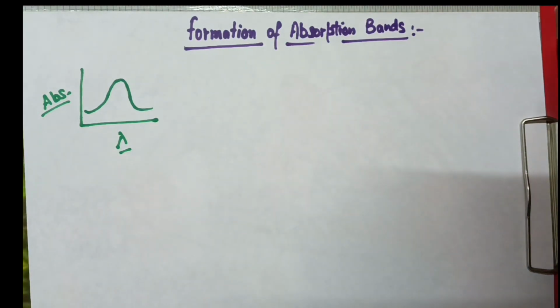Instead, we get broad bands. We do not get sharp peaks. So, why is it so?